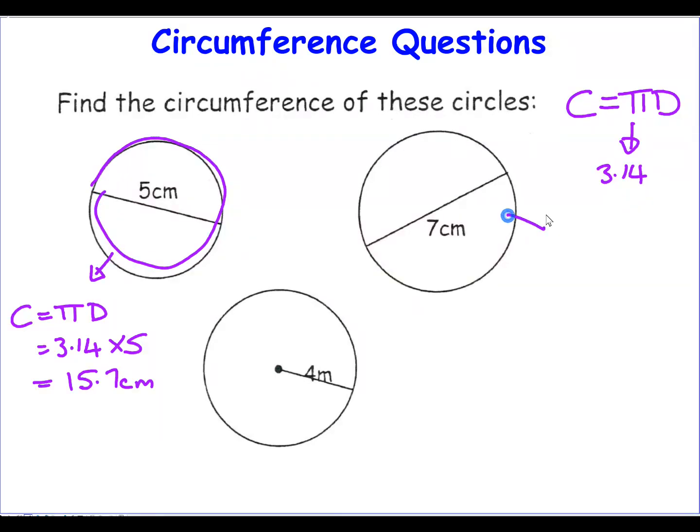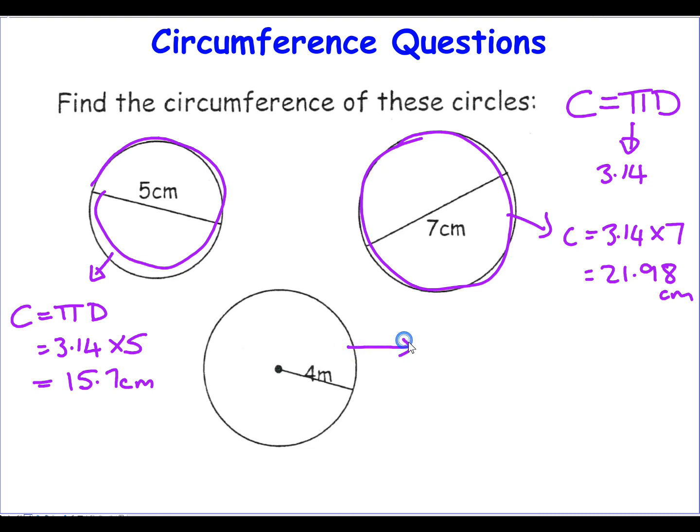For the next one, let's do this one over here. The circumference is equal to 3.14 times the diameter, which is 7. So the distance around the outside of this circle is 21.98 centimeters.